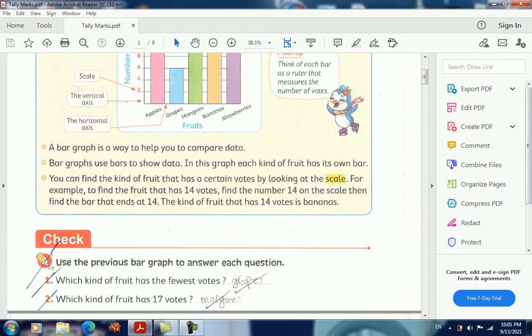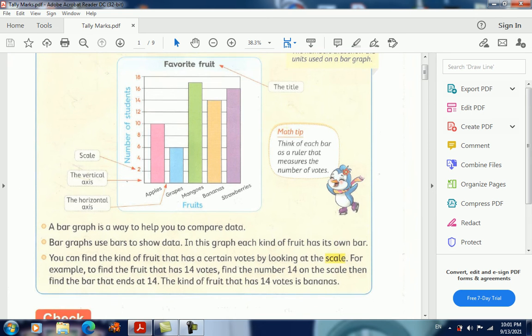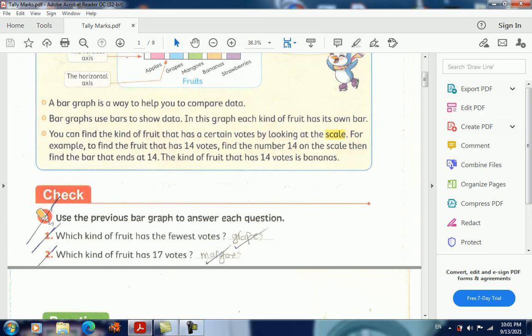Which kind of fruit has 17 votes? We don't have 17 on our scale, but we have mangoes that end at a place between 16 and 18, most probably in the middle, which is 17. So the mangoes have 17 votes. The mangoes are the correct answer.